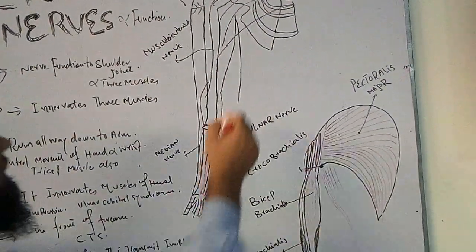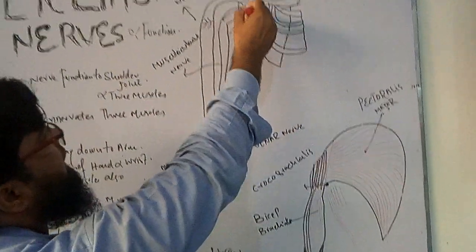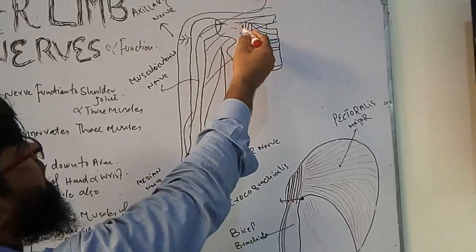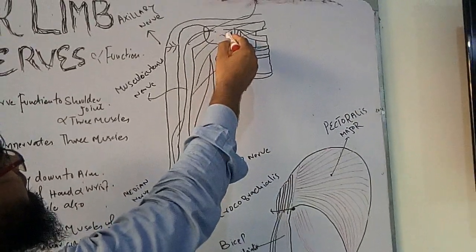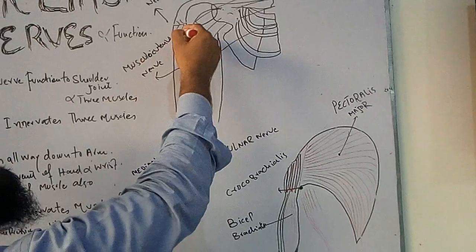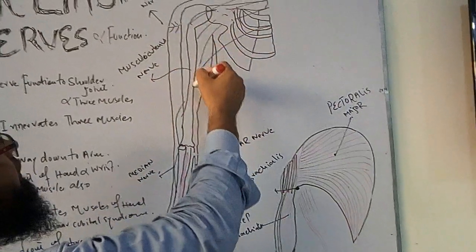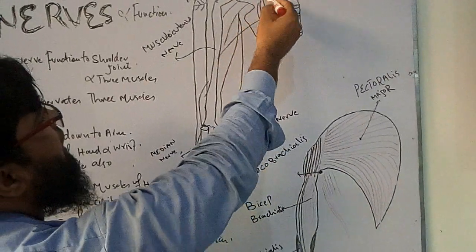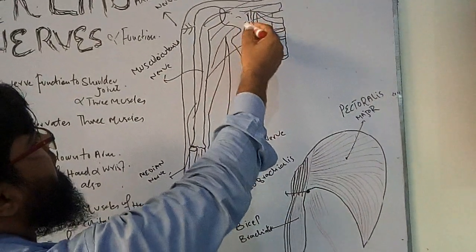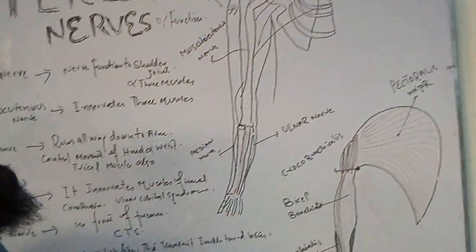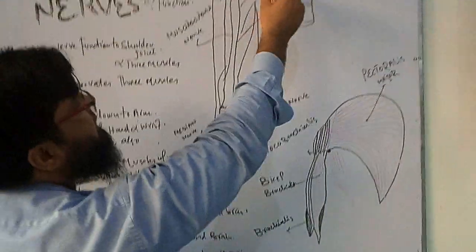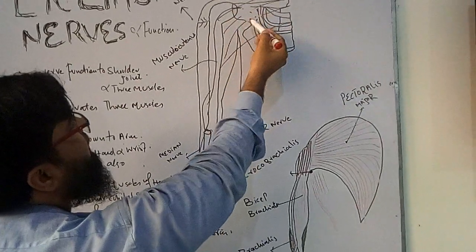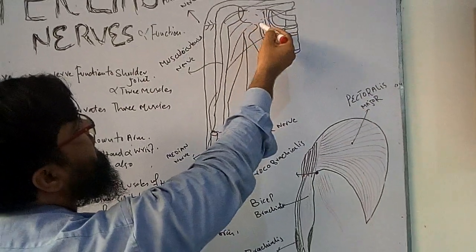If the rotator cuff area swells, and all the nerves related to it are beneath, you're looking at that here is the rotator cuff, and here is going the axillary nerve, here is going the musculocutaneous nerve, here is going the ulnar nerve. So all these nerves are passing nearby the rotator cuff. When the rotator cuff swells, it disturbs all the nerves going beneath it, and it compresses these nerves.